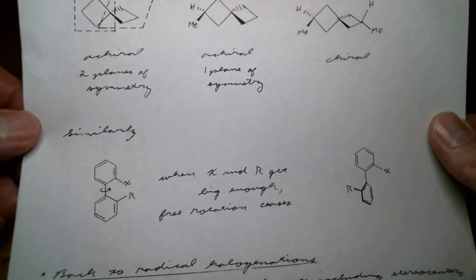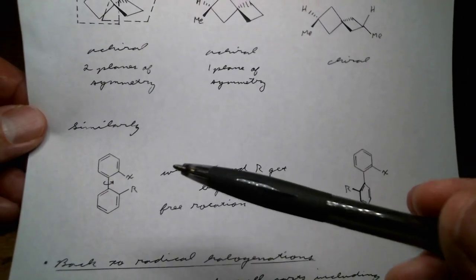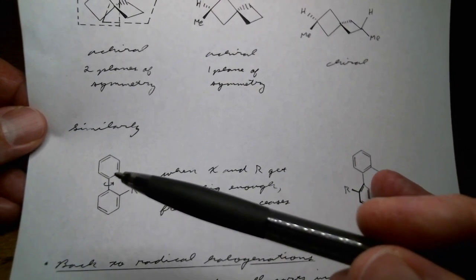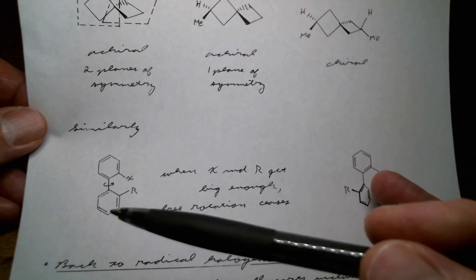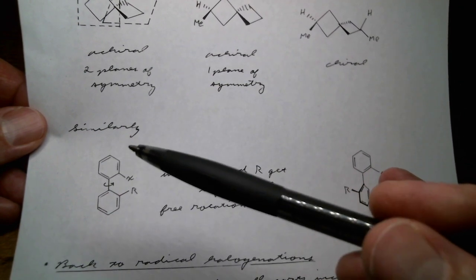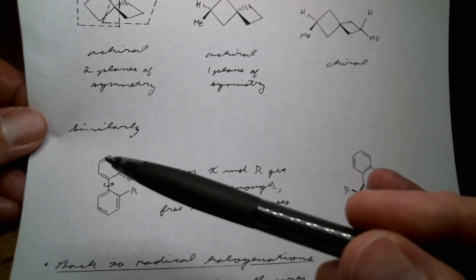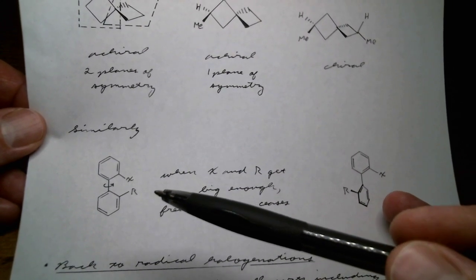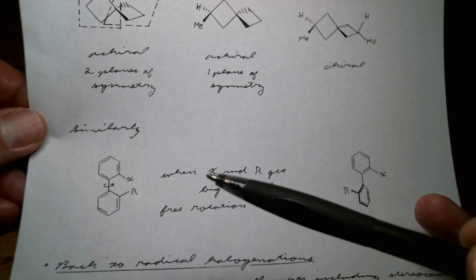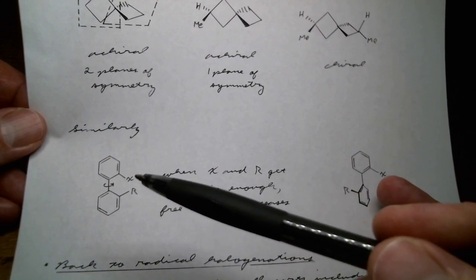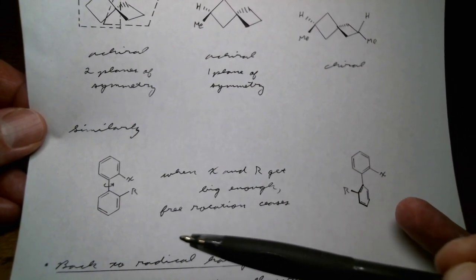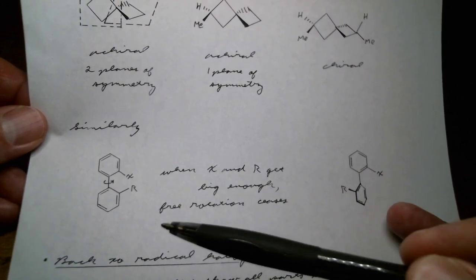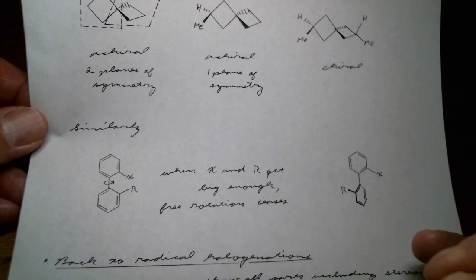Similarly, sometimes you can get things that are hindered in terms of their ability to rotate even around carbon-carbon single bonds. Here we have a biphenyl structure, so a couple of benzene rings. We'll talk a lot about benzene rings in the second semester. One could imagine that if X and R, these groups that are substituting hydrogen, presumably, get big enough, free rotation ceases around that carbon-carbon single bond.